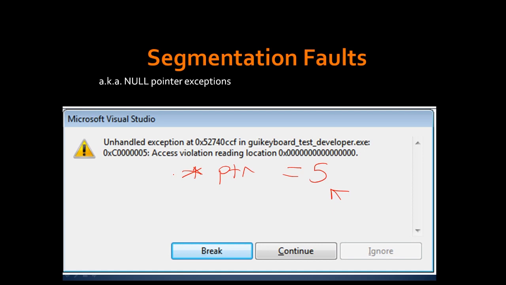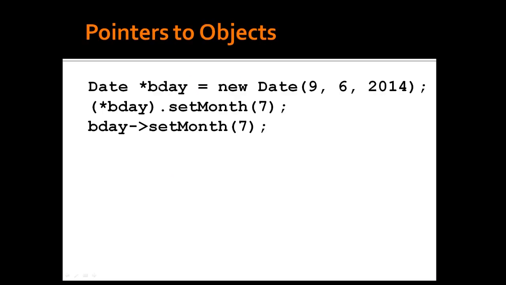The last thing I want to talk about real quick is that if you do end up creating pointers to objects, say that you have something like this date. Here we have this variable called bday, which is a pointer to a date, right? We can end up using new and date, and then that would end up creating a new object on the heap. There's two ways for you to be able to access the member functions.